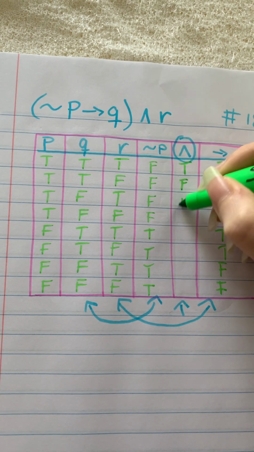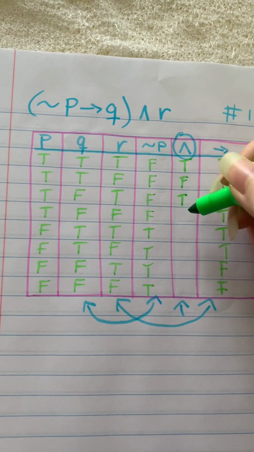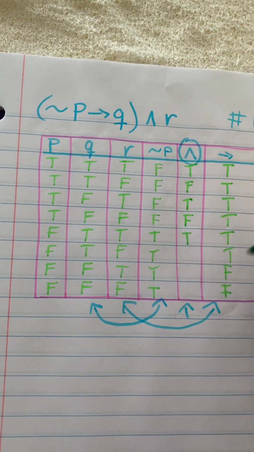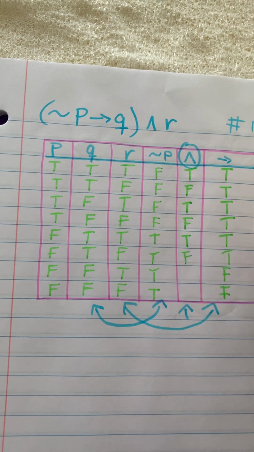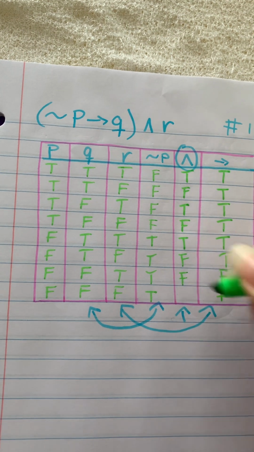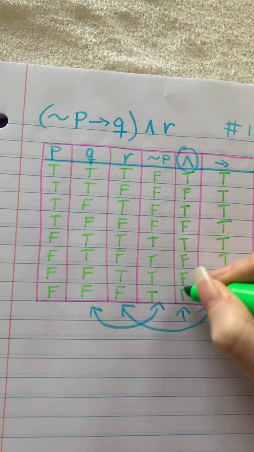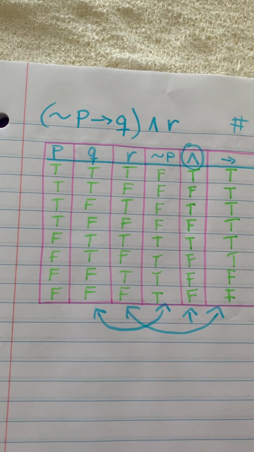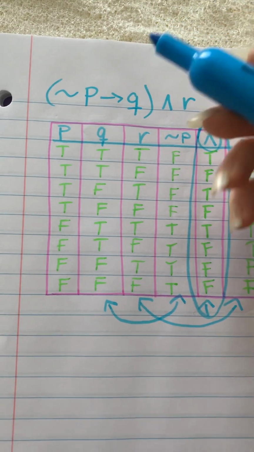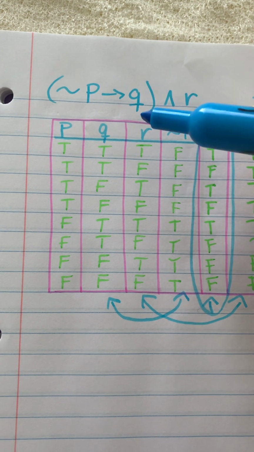True, true, true. True, false, that is going to be false. True and true, that's true. True and false, it's going to be false. False, true, that is going to be false. False, false is going to be false. And over here, therefore, we have our final answer for not P, if not P, then Q and R.